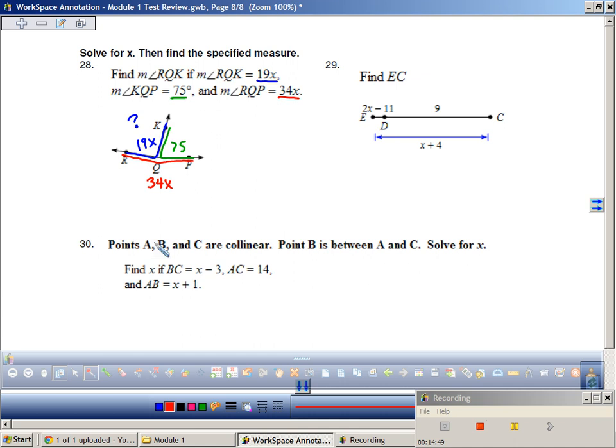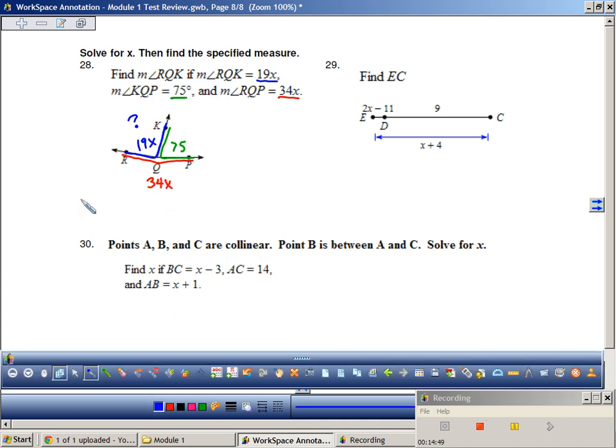We're talking angles. What's that one called? Angle addition postulate, right? So how could I use angle addition postulate? I'm going to add green and blue, and it's going to equal red.